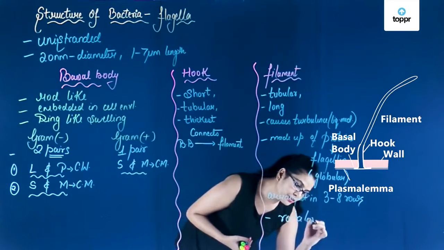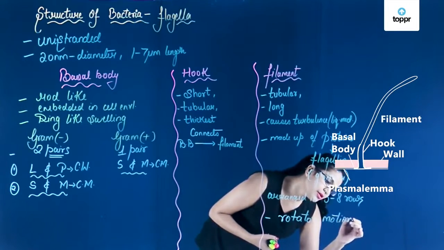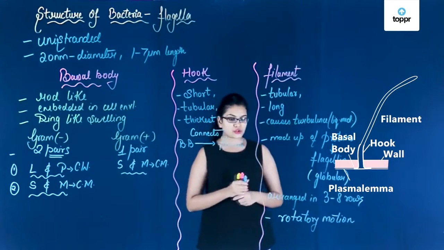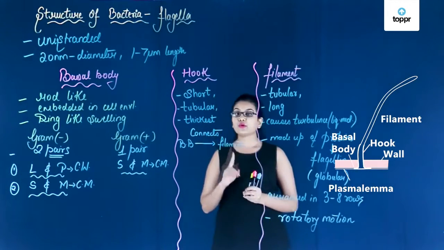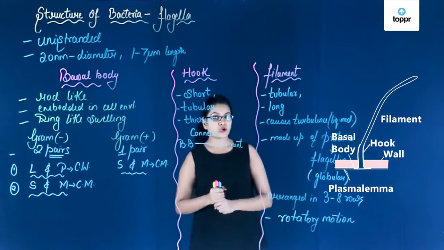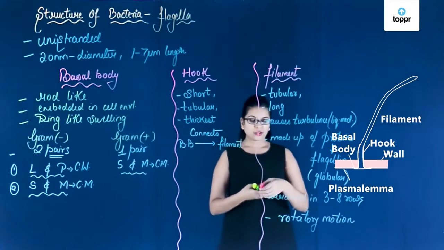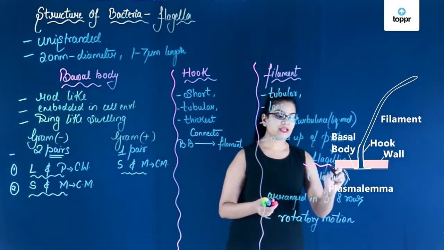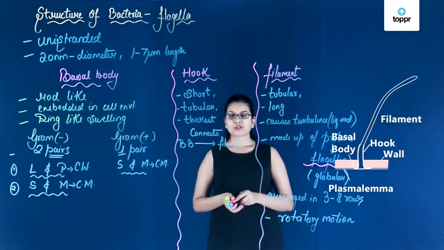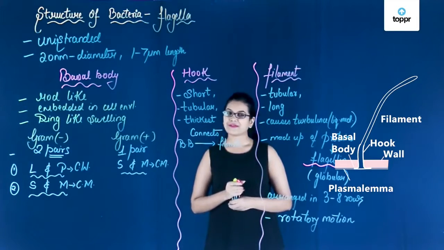Unlike in the eukaryotic cells where the filament shows the whiplash movement, the prokaryotic flagella, or the bacteria, show the rotatory movement. It is tubular, long, and causes turbulence in the liquid medium. Apart from that, it is made up of a flagellin protein, which is very important for you to remember, and this flagellin protein is globular. So this was all about the flagella. You have seen its structure, and we have learnt its function as well.